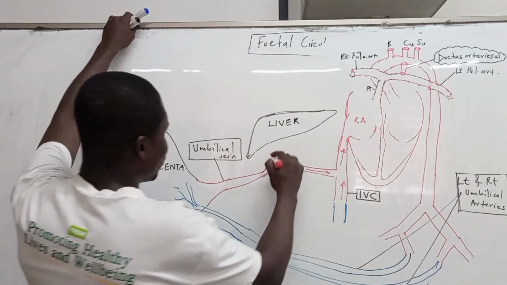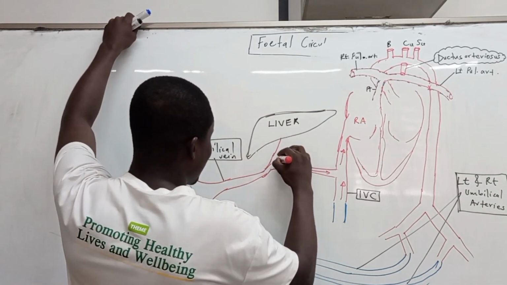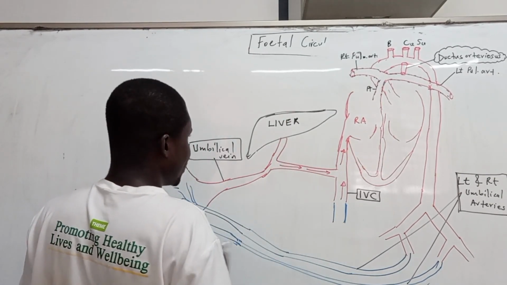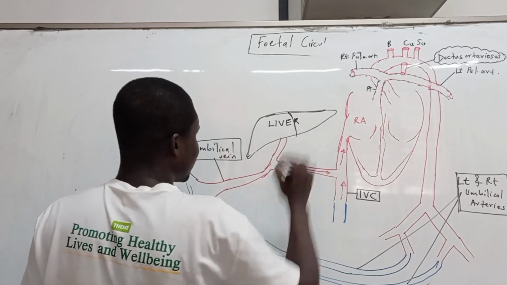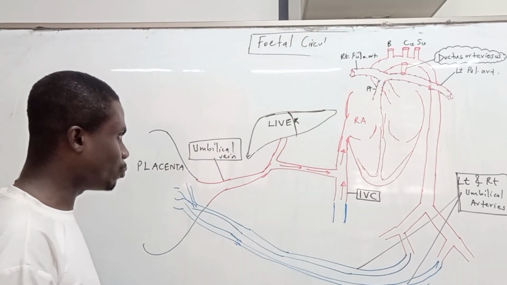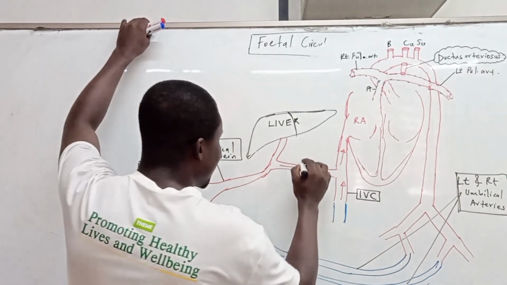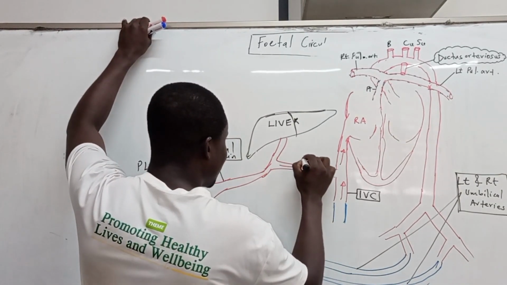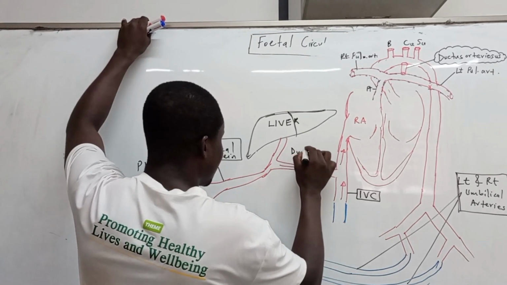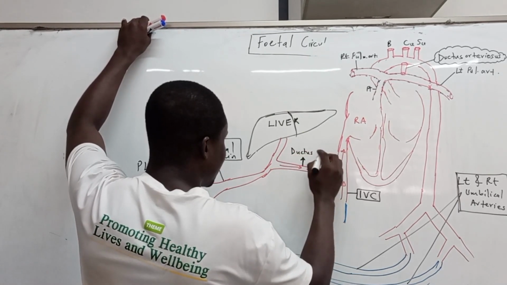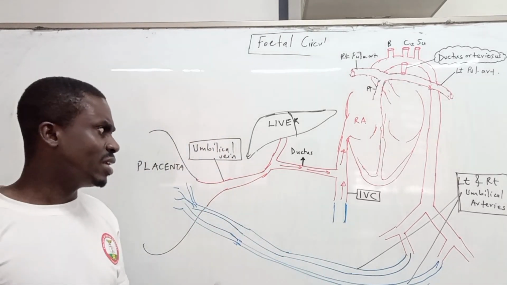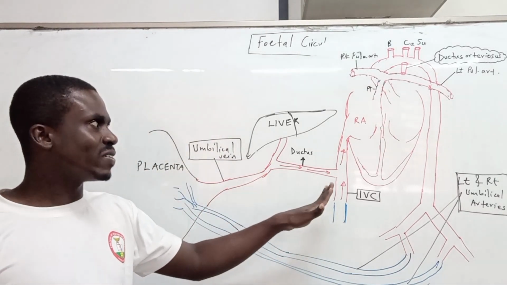Now, this one will continue. It's getting towards where the liver is. Let me separate this into left and right lobes of the liver. Now this is what we call the ductus. This time around we are not talking about the arteriosus.